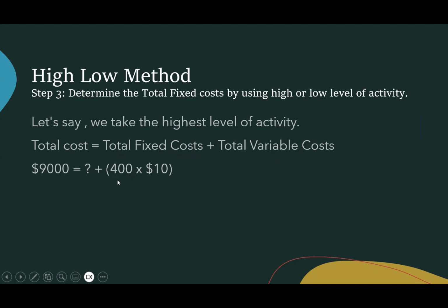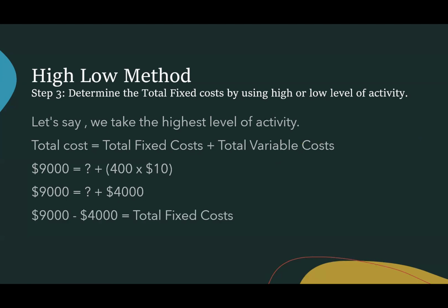Total variable cost is 400, the level of activity, multiplied by the variable cost which I determined was 10 in step 2. So 400 multiplied by 10, you get 4,000. So from 9,000, 4,000 is variable, so the total fixed cost would be 5,000.